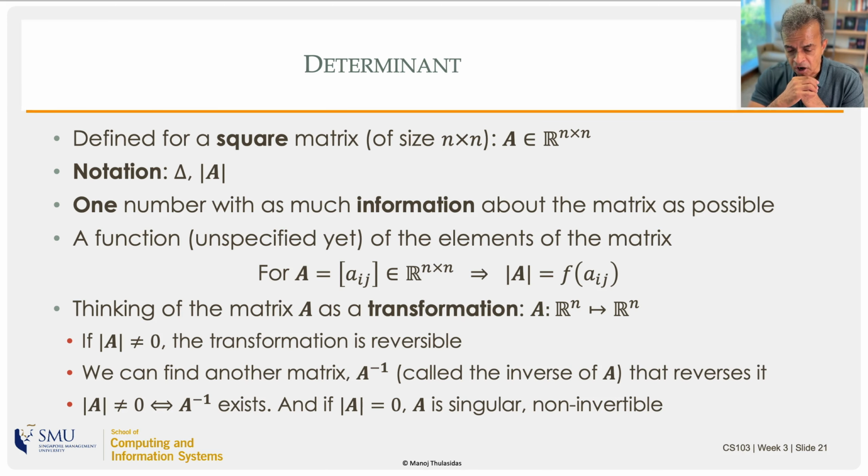Determinant of A not equal to 0 implies and is implied by A inverse exists. In other words, if there is an inverse, then the determinant cannot be 0. If the determinant is not 0, then there is an inverse. So the test for singularity is just the computation of the determinant. If the determinant is actually 0, then we will say that A is singular, non-invertible, degenerate.